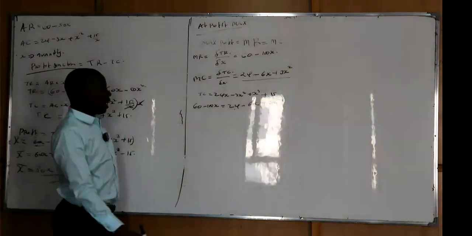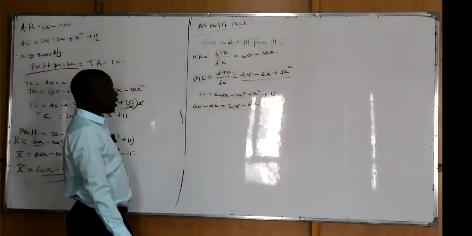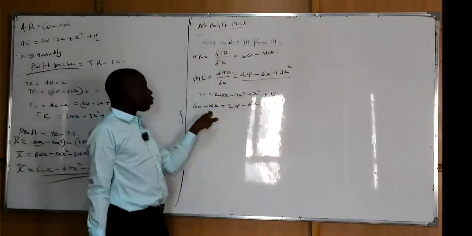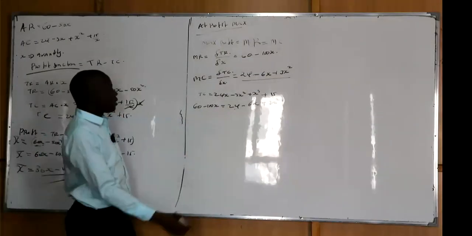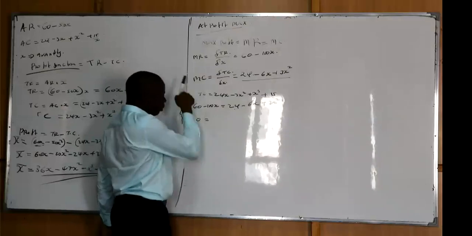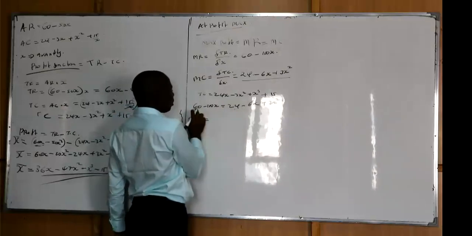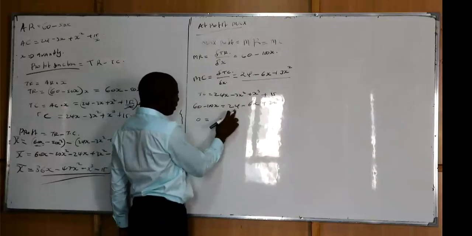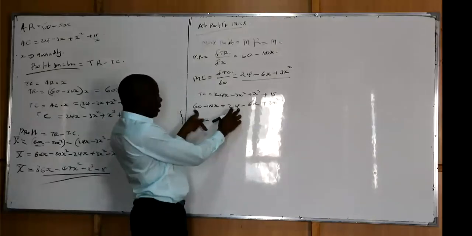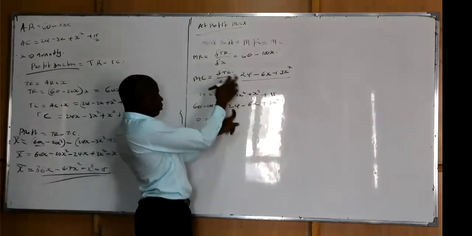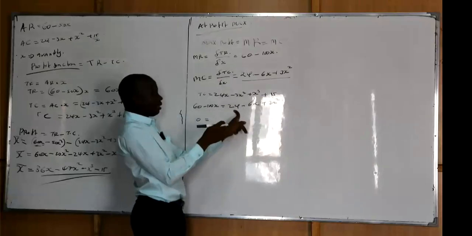To solve this, we bring this side over so that we remain with 0. So 0 equals, this is 24 and this is 60. When this 60 comes over, it will be 24 minus 60.